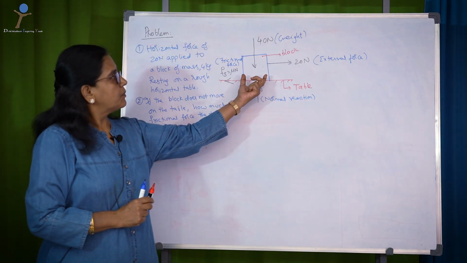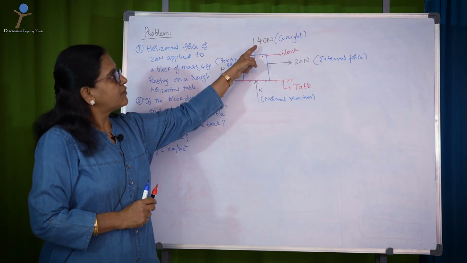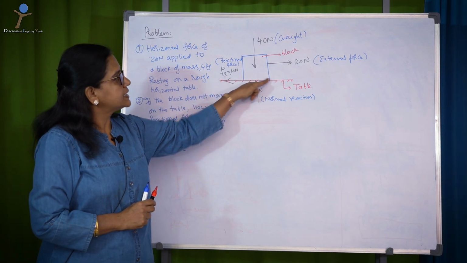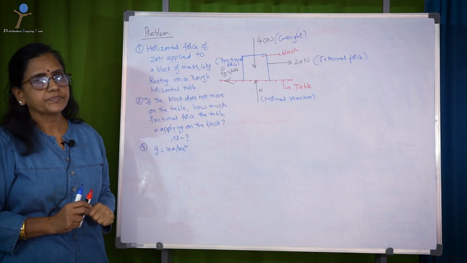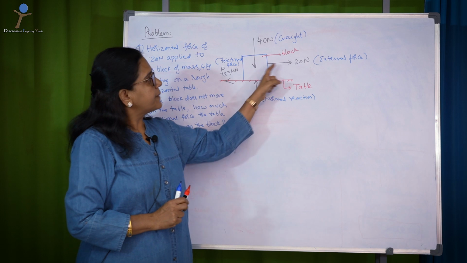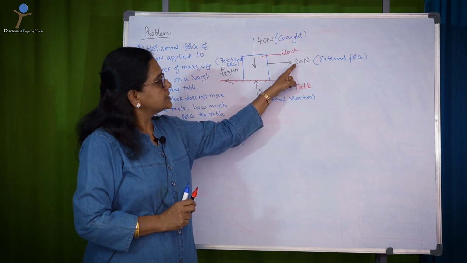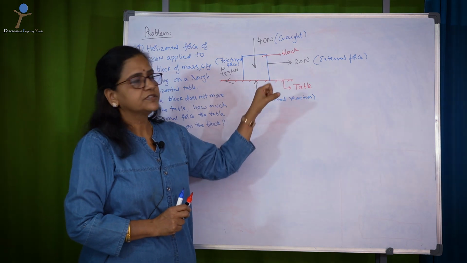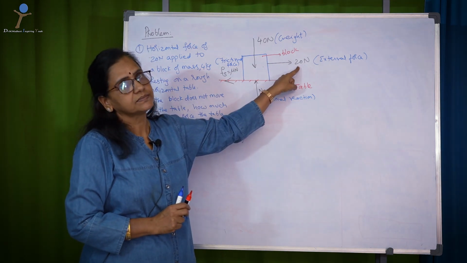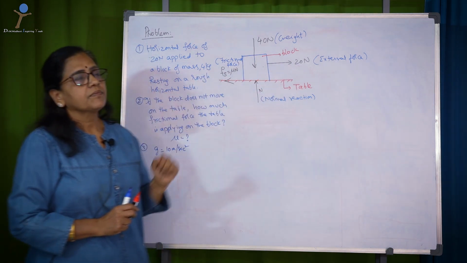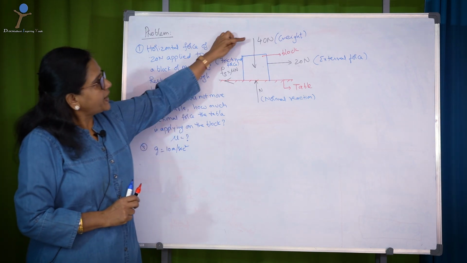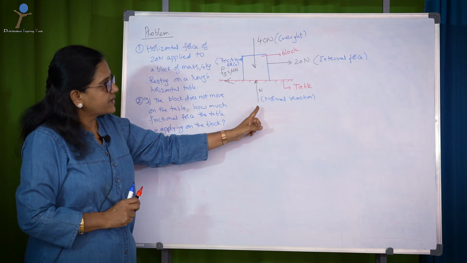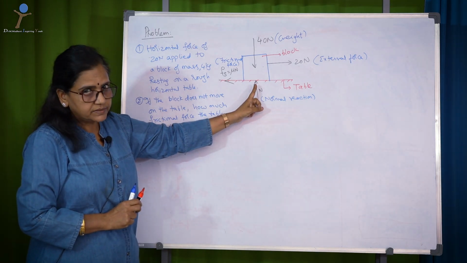Consider a block of 40 newtons weight acting on a horizontal table. Then an applied force is acting on the block in the horizontal direction with a magnitude of 20 newtons. Now, the weight of 40 newtons causes a normal reaction in the upward direction.